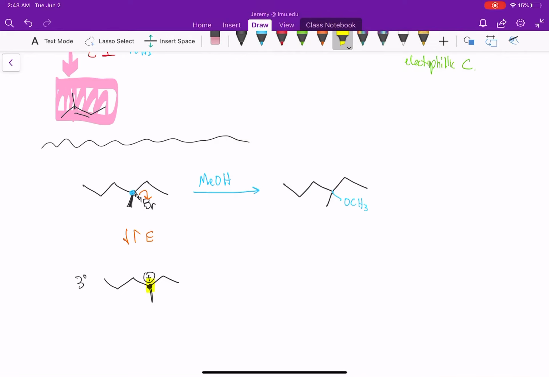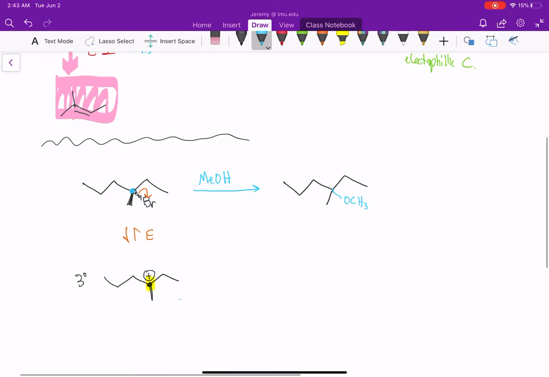This tertiary carbocation is no longer a stereocenter, right? That carbon is sp2 hybridized. It's no longer a stereocenter. We have an empty p orbital here.